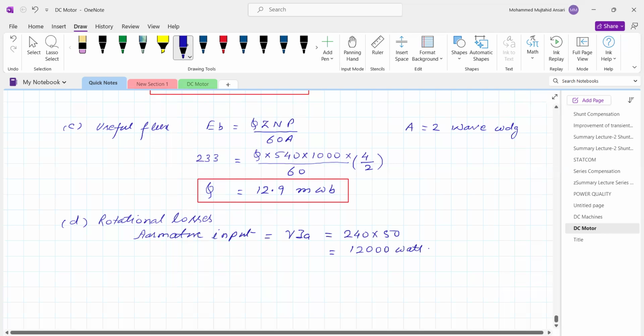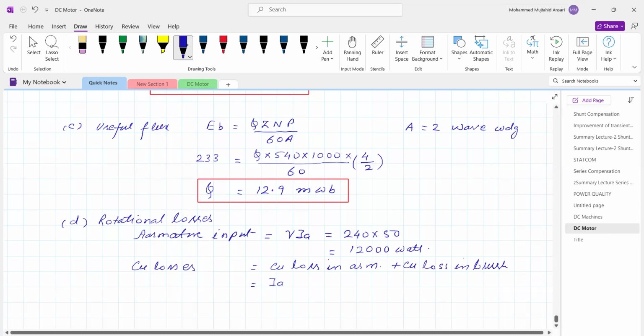Now copper losses. Cu loss is equal to Cu loss in armature plus Cu loss in brush. We are considering only the armature circuit.